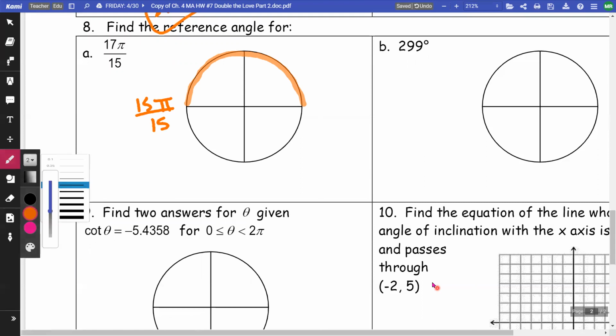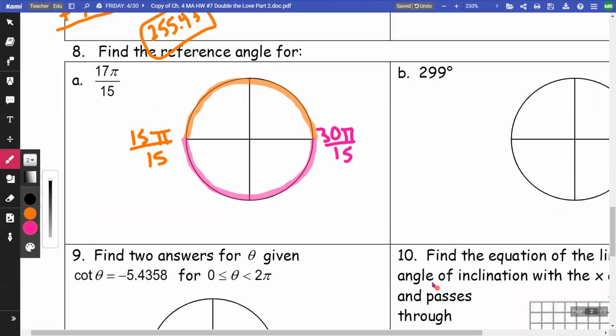Then if I'm going the rest of the way, all the way around, that is going to be 30 pi 15ths. And then at the tippy top, that's going to be half of 15 pi 15ths.